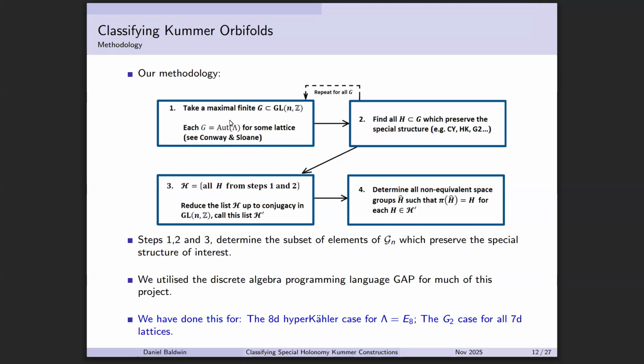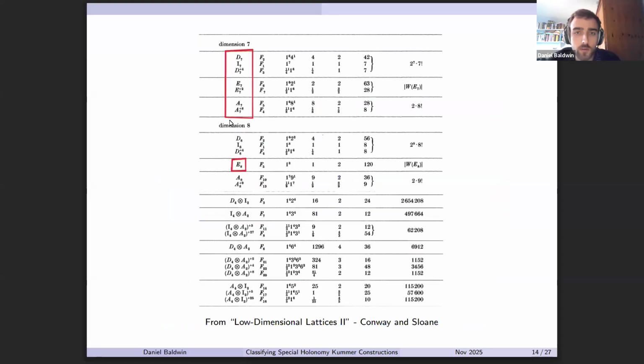I see. Okay, I think I understand. Sorry, I was just being confused. No problem. Thank you for the question. So yes, using Conway and Sloane, we can get all of these.